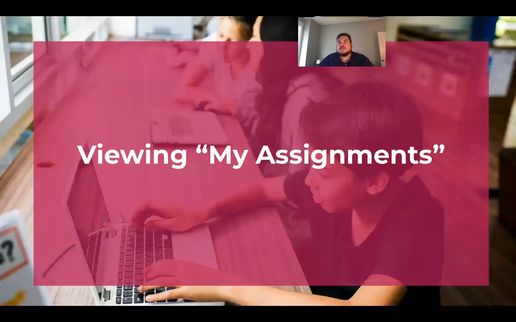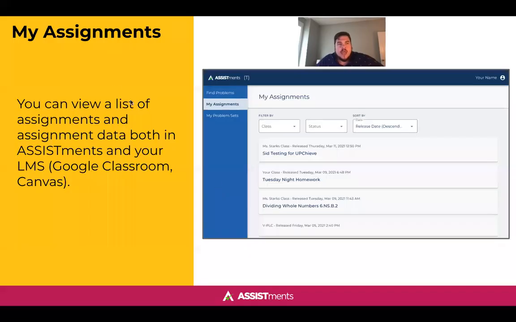All right. And so now we're going to move on to viewing my assignments. So this is really interesting and just gives you, again, another flexible way to interact with ASSISTments that might be more convenient for you. But basically, anytime you assign problems from ASSISTments, you now have the ability to click My Assignments and view the full list of assignments and assignment data right here within ASSISTments, in addition to going to your LMS as normal and clicking that embedded link like you're used to, right?